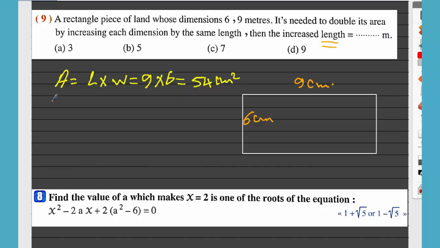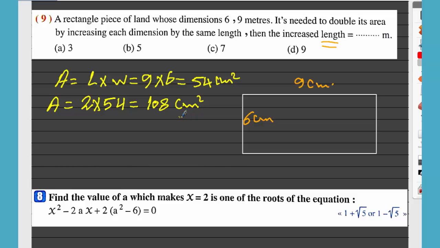When we double it, the area A equals 2 multiply 54, which equals 108. So after we doubled it, it will be 108 centimeters squared.